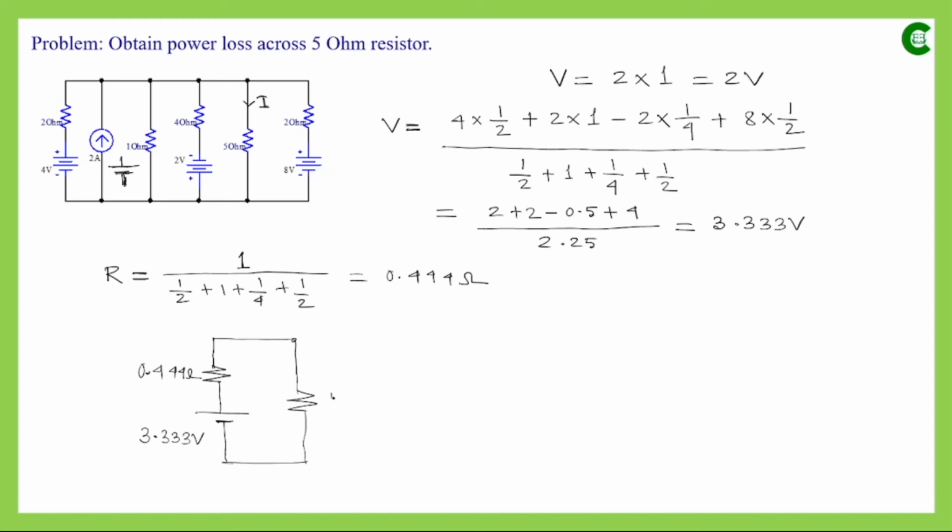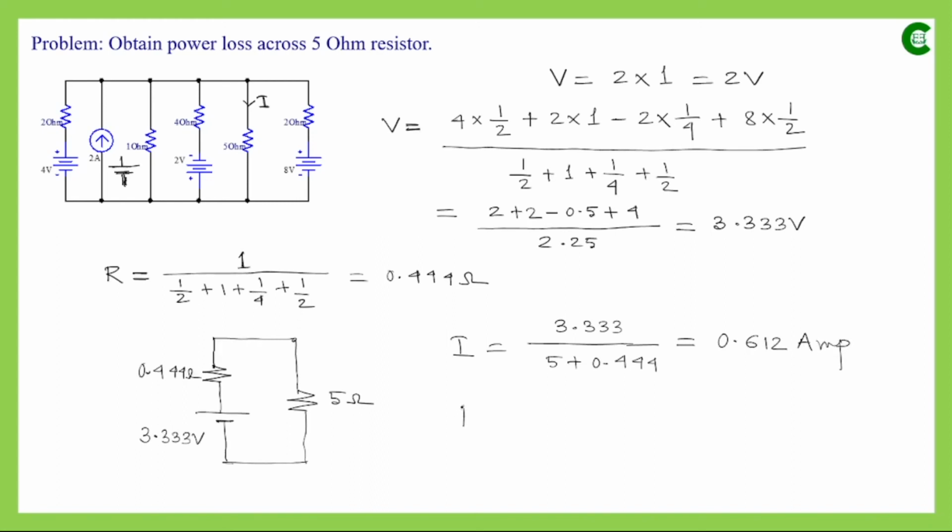The value of that load resistor was 5 ohm. So the current flowing through that load resistor will be V divided by the summation of the resistance values, so directly we can write 3.333 volt divided by 5 plus 0.444. That means it will finally be 0.612 ampere.